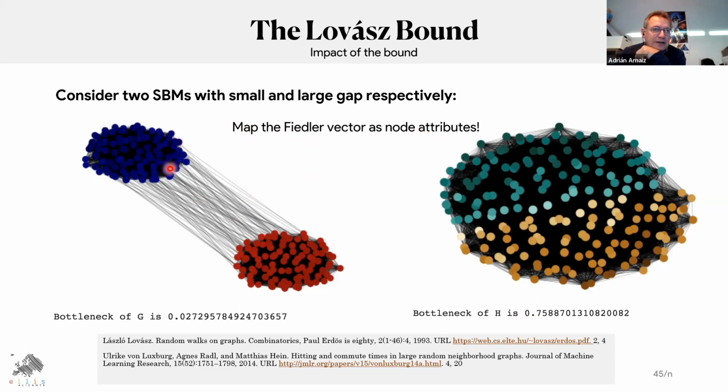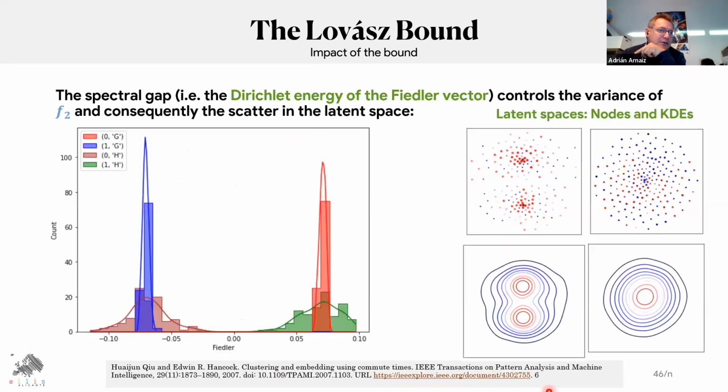The idea of doing that is to explain how the elements of the Fiedler vector are distributed when we have a small gap or when we have a large gap. So the spectral gap, we have to reformulate, is the Dirichlet energy of the Fiedler vector. This is important because it is the energy of this special vector, with which we solve the normalized cut problem or the average cut.